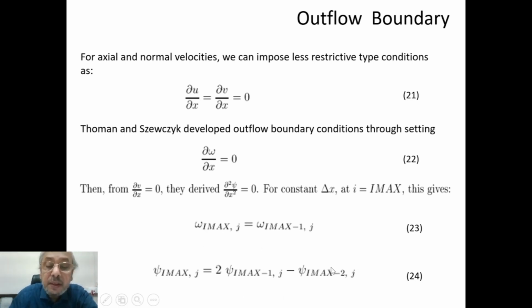Then from there we can get this. This is called one-sided central difference. So taking I max as the point where we are going to determine psi, we are making use of psi's from the immediate interior points and generating this value, so that it poses minimum disturbance to the flow field.